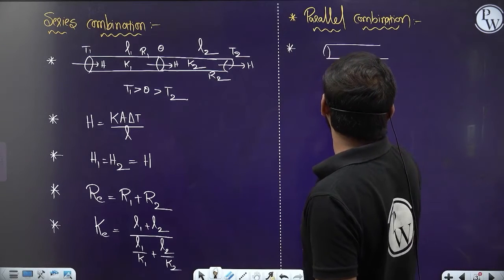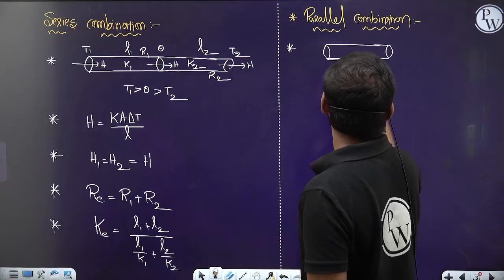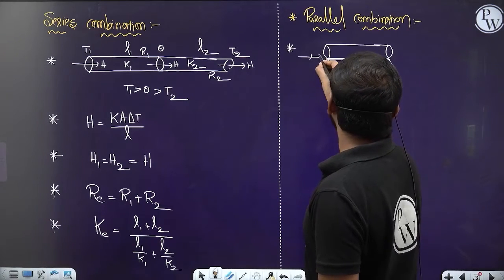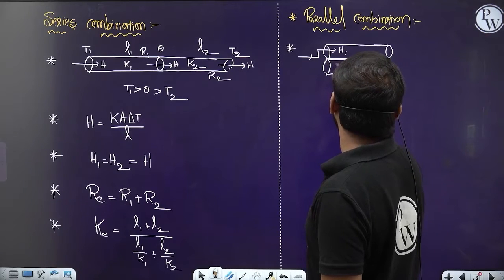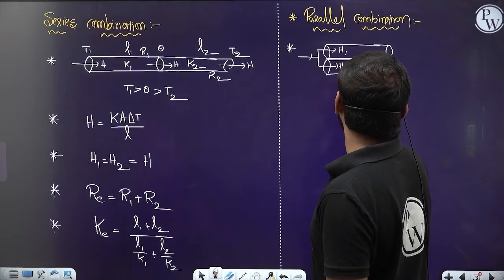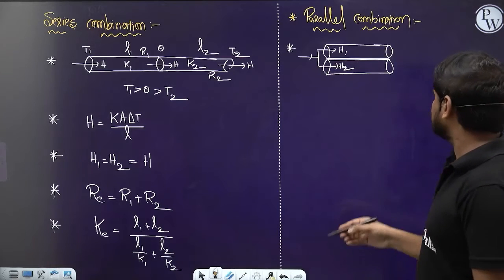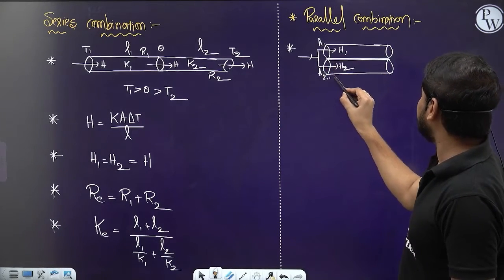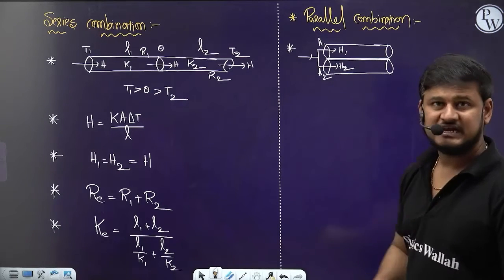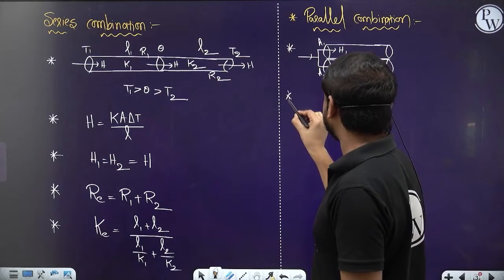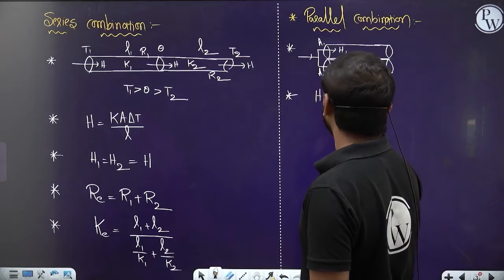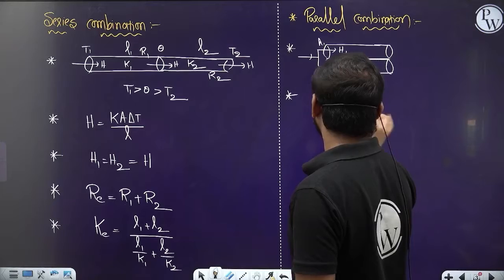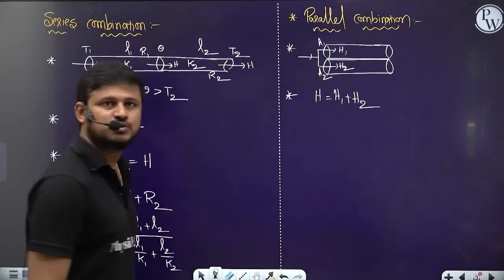From here the heat is coming, and this heat will be divided into this and into this, right? Let the cross sectional area of one be A1 and the other A2. The total heat current H is equal to H1 plus H2.